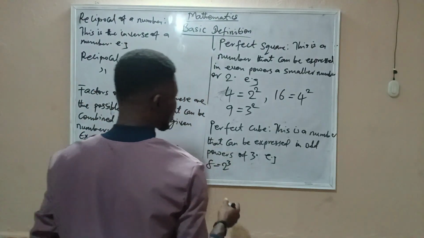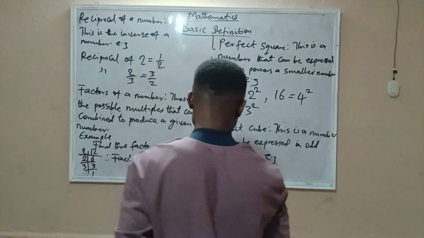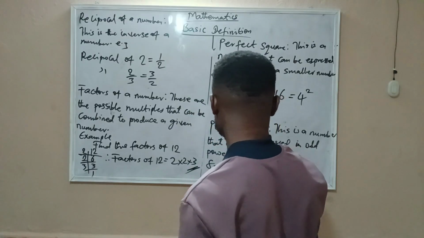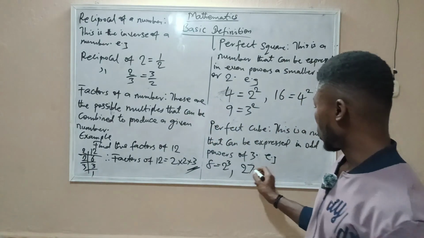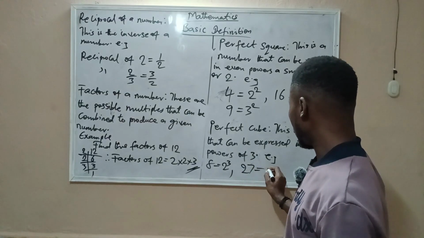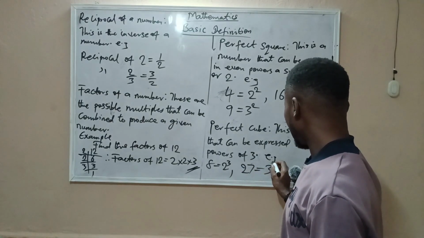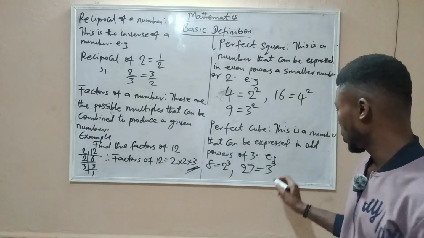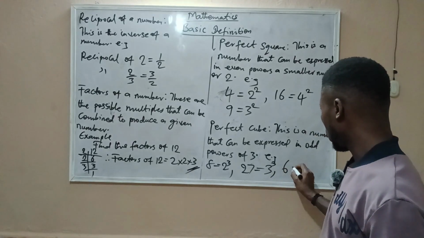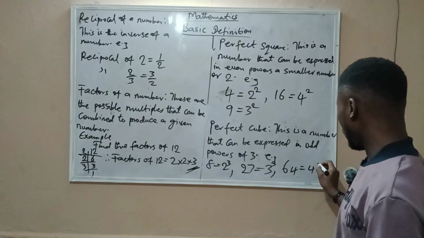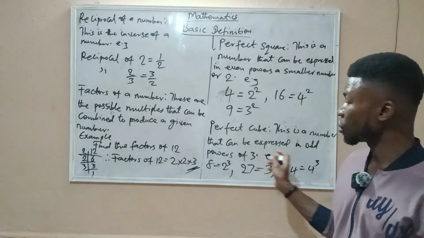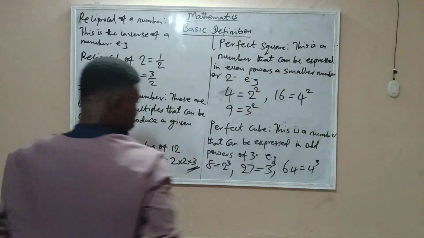So this is it. And then another one is 27, which is also a perfect cube because it is the same thing as 3 raised to power 3. 64 is also a perfect cube because it's 4 raised to power 3, and then so on and so forth.